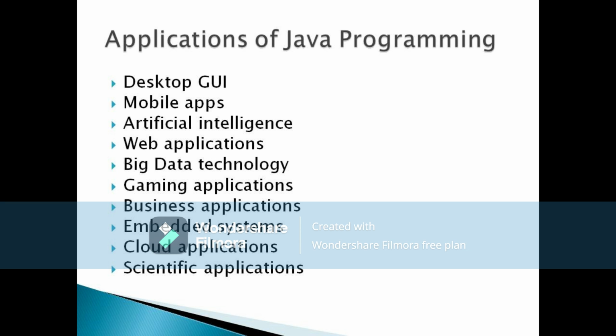Then we have gaming applications. So Minecraft, Mission Impossible 3, Asphalt 6, all these are the games which are developed in Java. And also it supports Dalvik virtual machine and JMonkey engine, which provides ace in building two-dimensional and three-dimensional Android games.